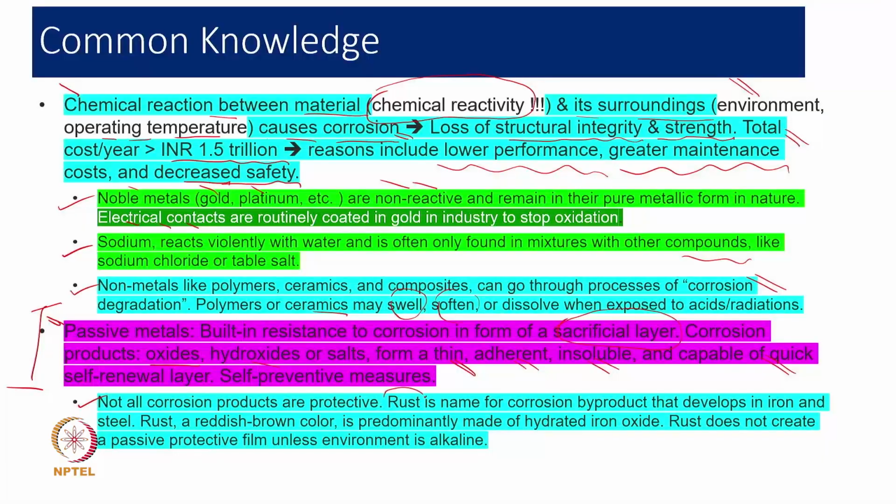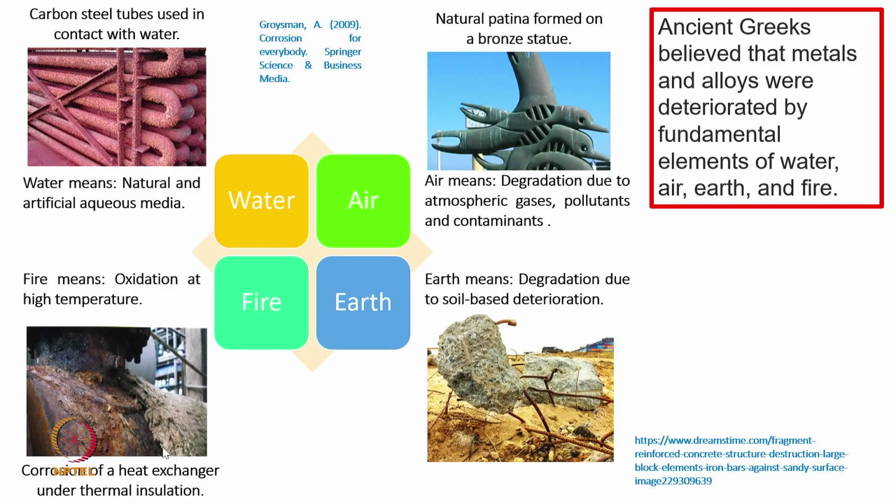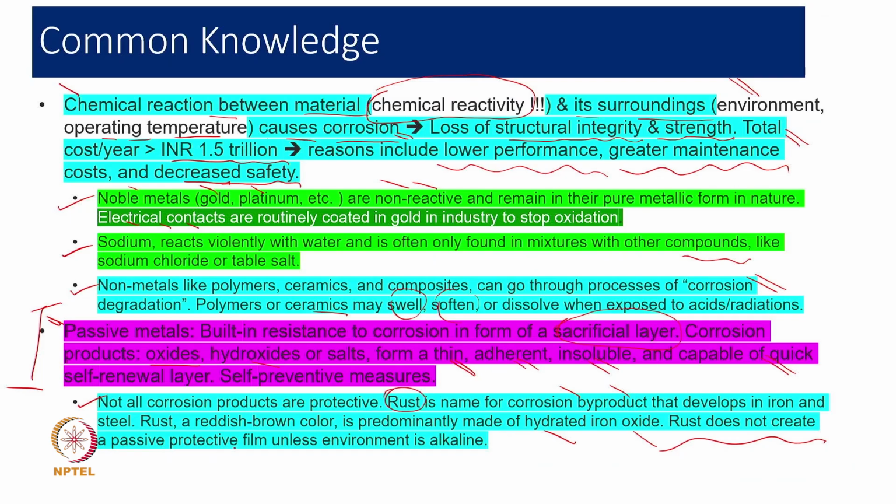Take the example of rust, which is a corrosion byproduct. Of course, it is mostly on iron and steel, particularly ferrous materials, and it is made of hydrated iron oxide, which will be shown in the next slide or the one after. But rust does not create a passive protection layer. That's what has been shown here.